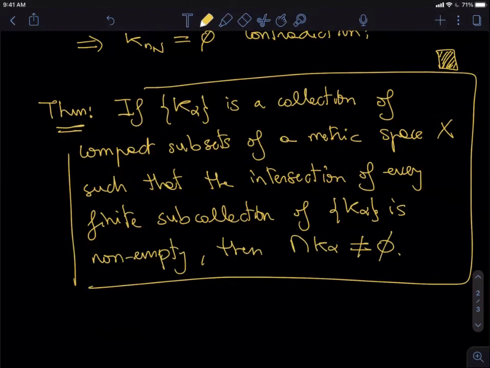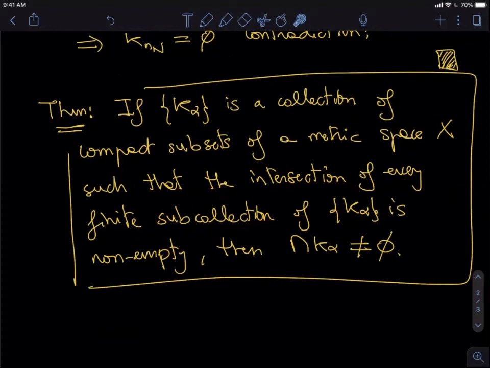Now, notice that this hypothesis here may look a little strange: the intersection of every finite subcollection of the K_alpha is non-empty. This replaces the nested decreasing sequence that we had before.